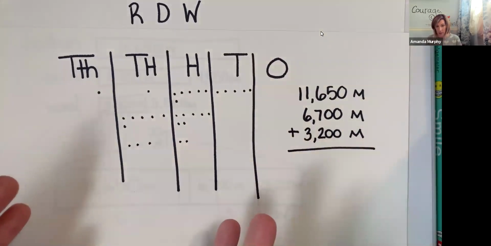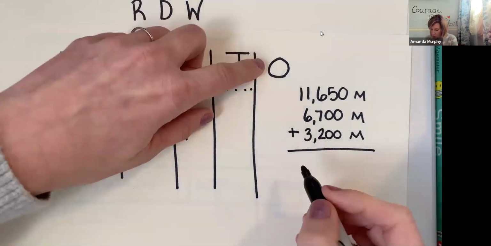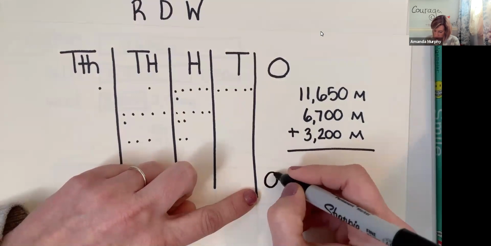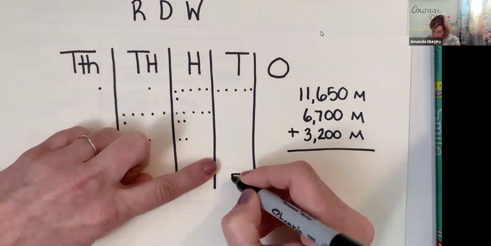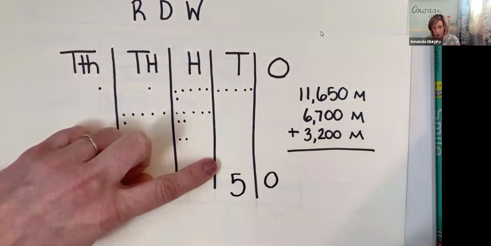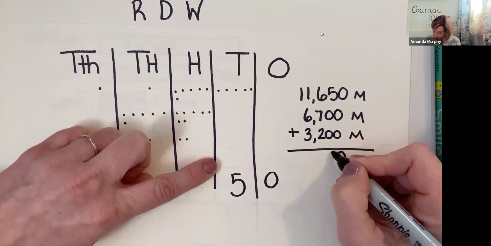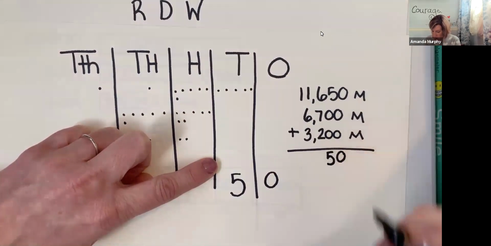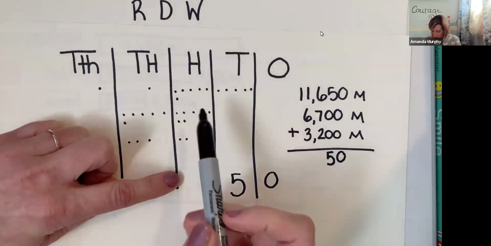I've logged all my numbers onto my place value chart, so I'm going to go ahead and solve now. I look in the ones place. I have 0 ones. I look in the tens place. I have a total of 5 tens. I'll go log both of those on my standard algorithm. 0 ones, 5 tens.